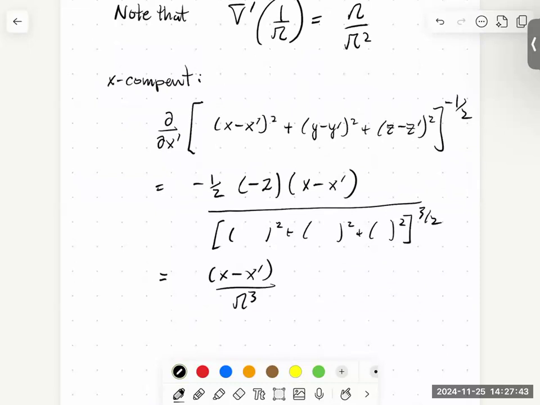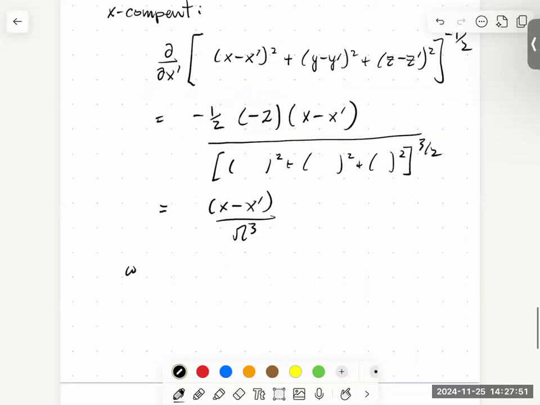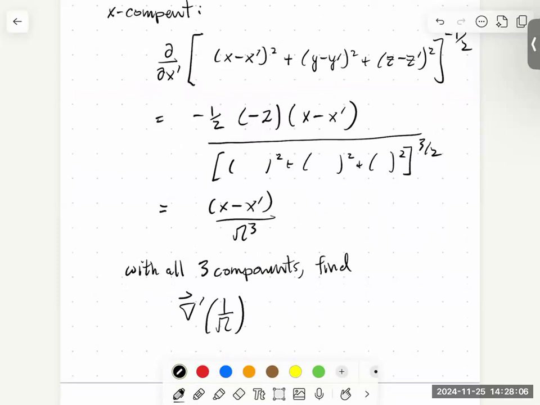That's just the vector script r. And so with all 3 components, we would find that this gradient of 1 over script r with respect to the prime coordinates would be vector script r over script r cubed, which is the same thing as r hat over script r squared.